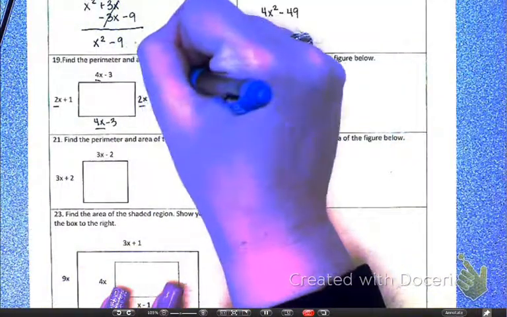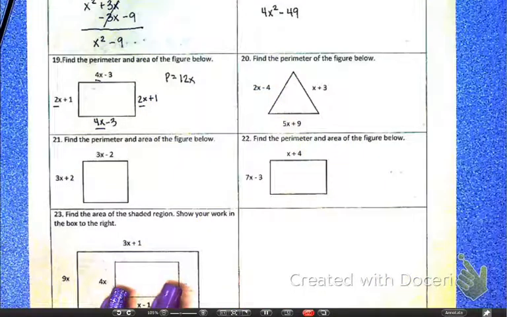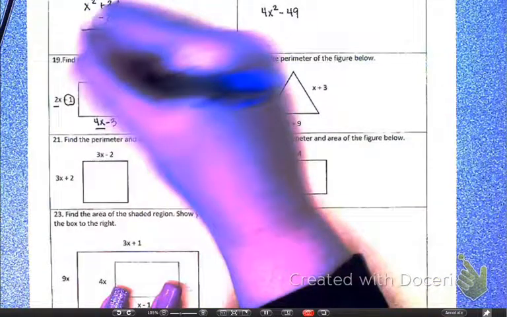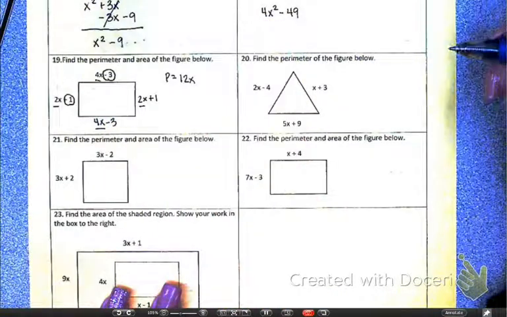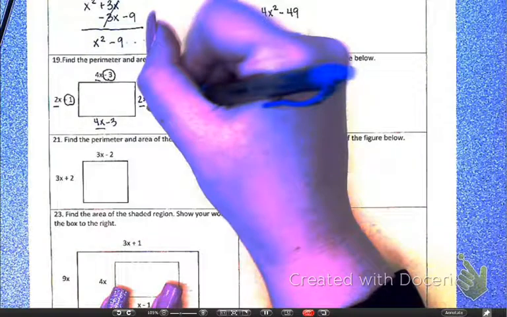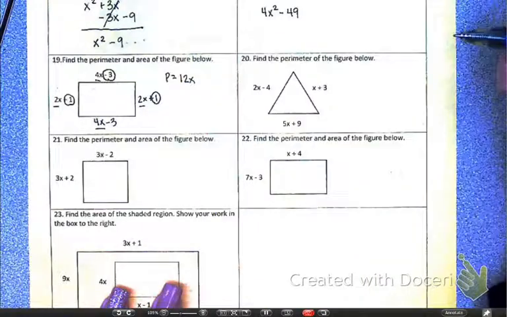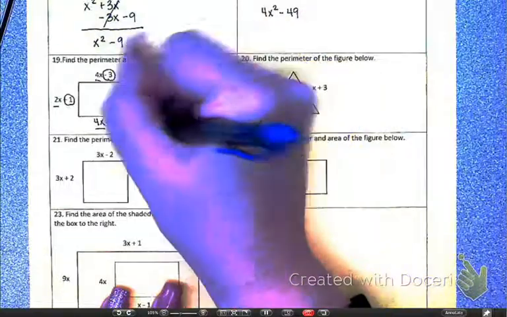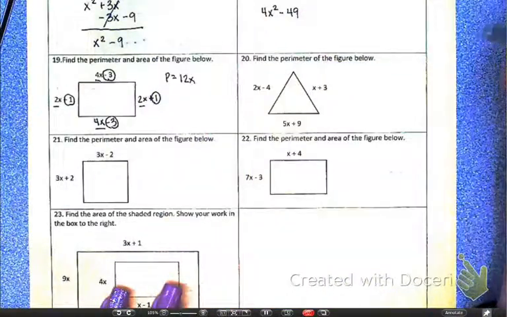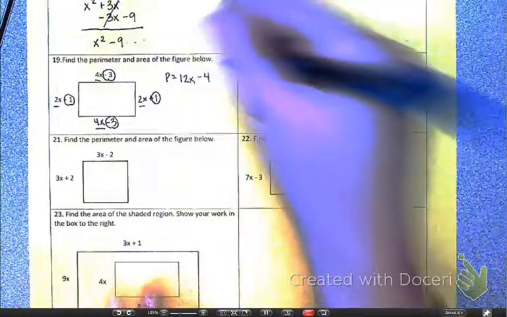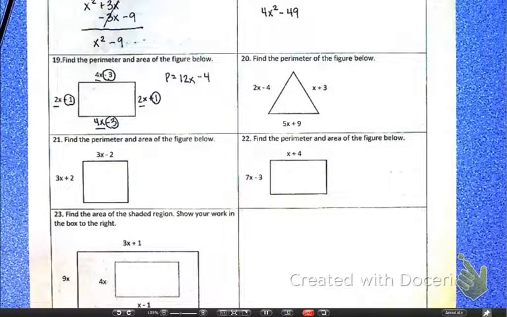So my perimeter is 12x. Now let's do our constants. 1 minus 3, negative 2 plus 1. So negative 2 plus 1 is a negative 1. Negative 1 minus 3, negative 4. So you should have had 12x minus 4 for your perimeter.